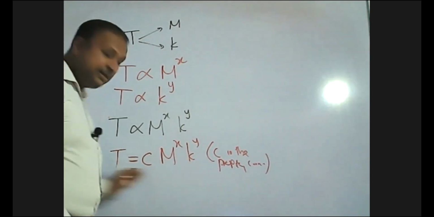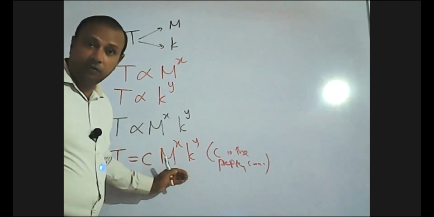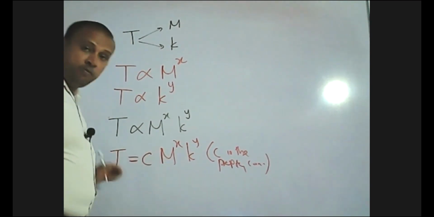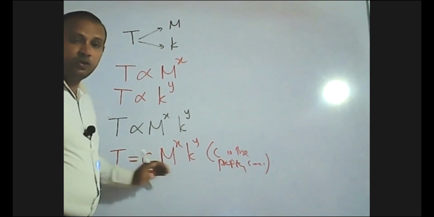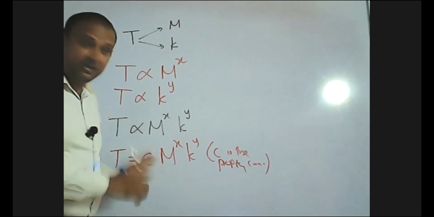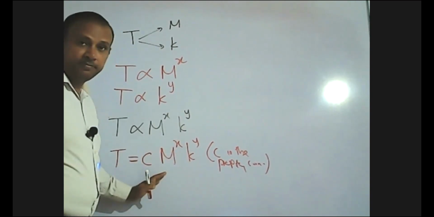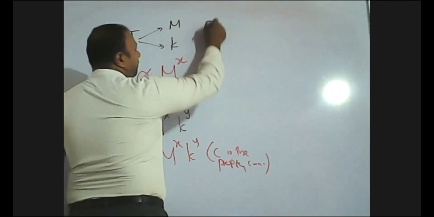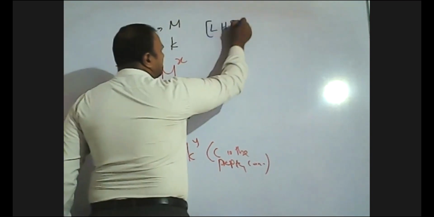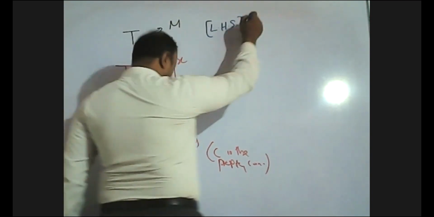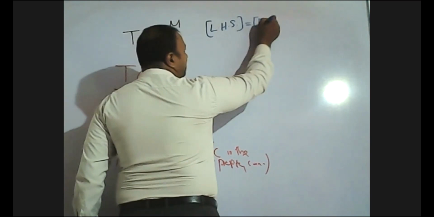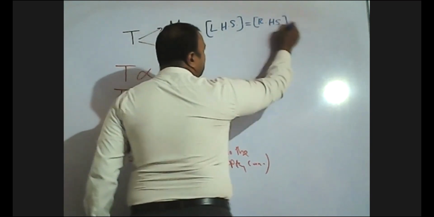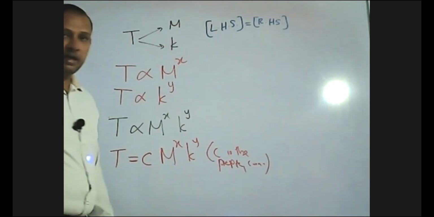As this is an equation, both sides should have the same dimension. So the dimension of LHS should be equal to the dimension of RHS.